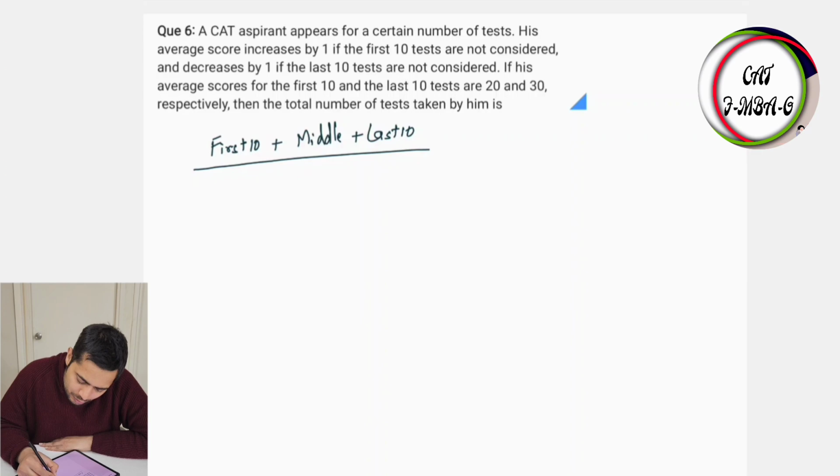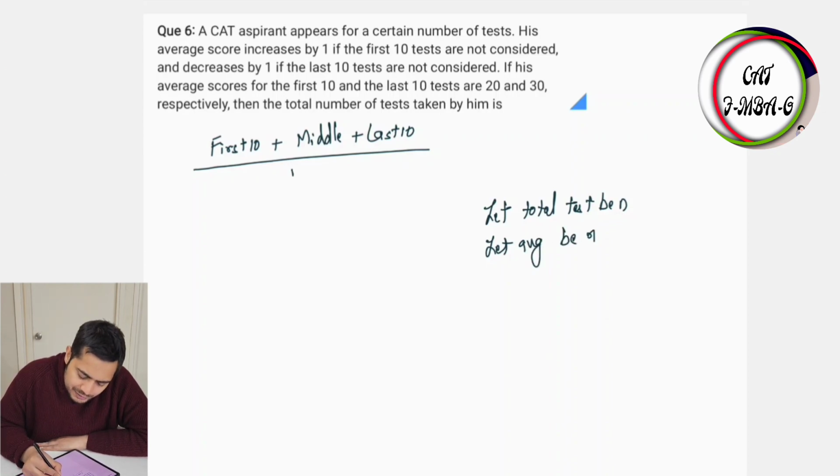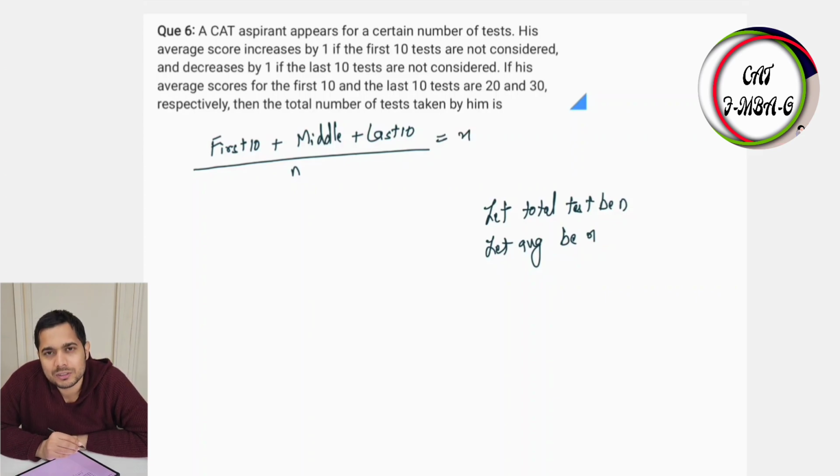Let the total number of tests be n, let the average be x. Let us assume this. So total divided by n is equal to x, because we are finding the average.